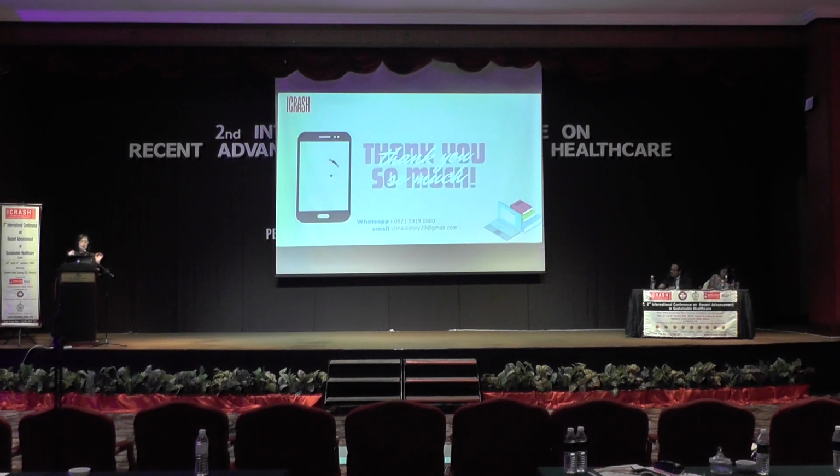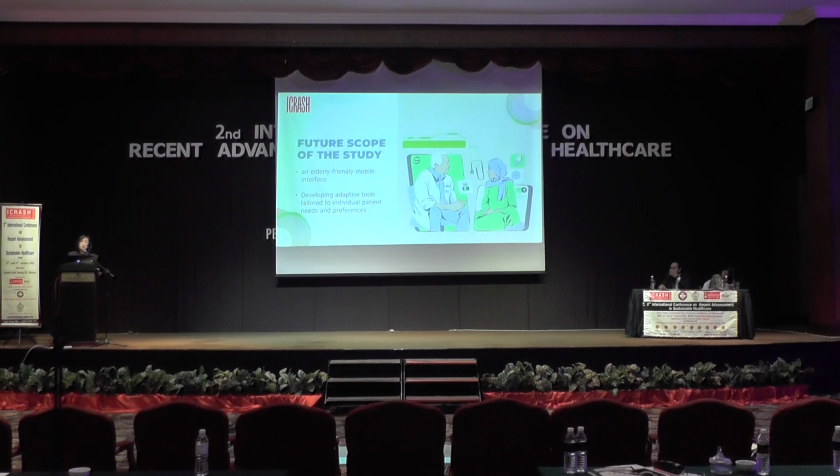If the CKD patient is in stage 1, 2, or 3 without hemodialysis, we can take digital health as a prevention model. So we have to prevent the progression of staging.